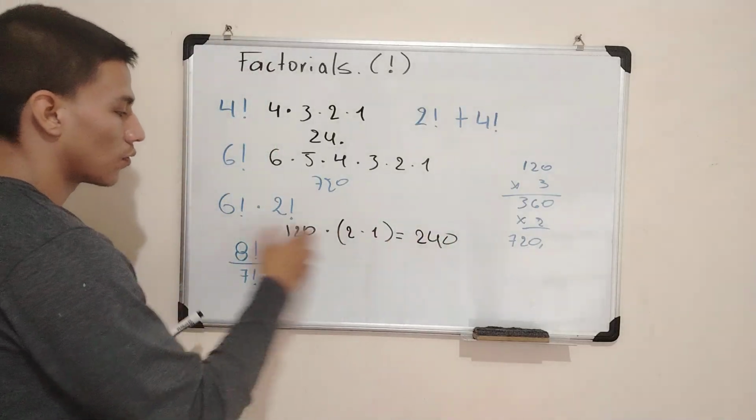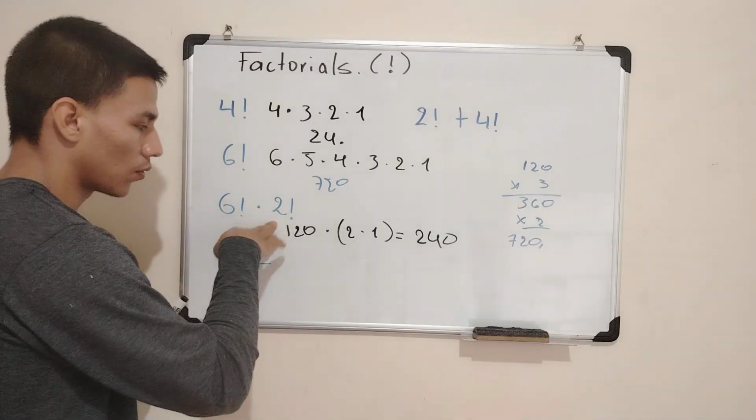That's the result for the factorial of 6 times the factorial of 4 and of 2.